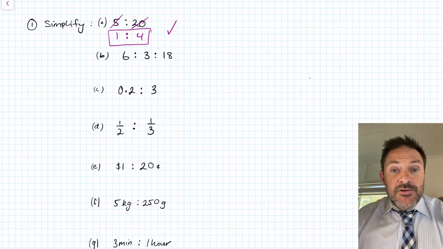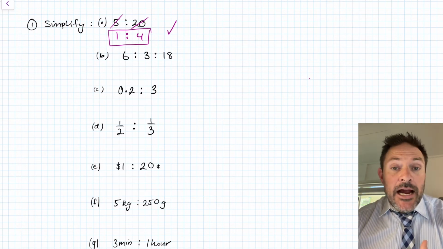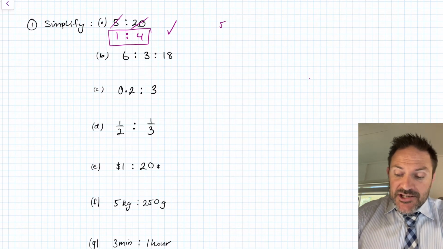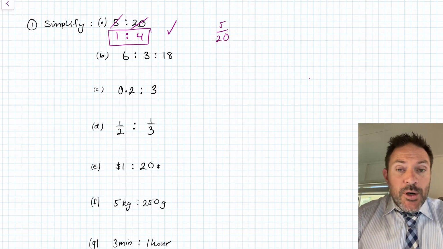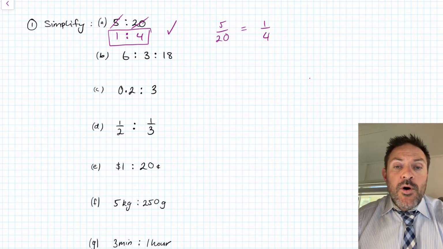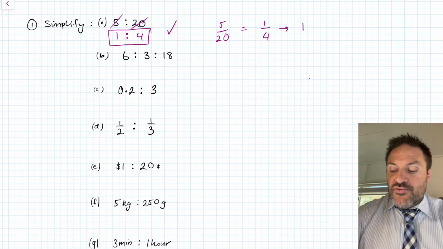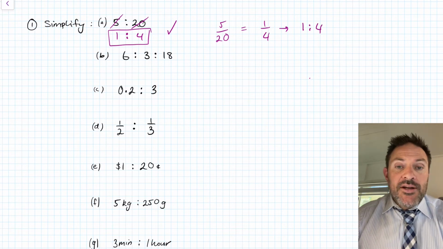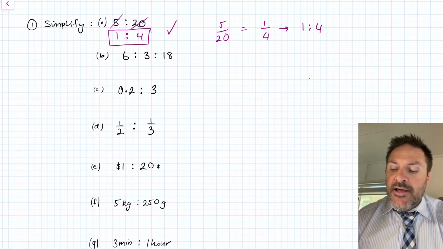Now, here's a little trick too. If you do have use of a calculator, so if it's a calculator-based exam, you could put into your calculator 5 over 20 and press equals, and it will give you a fraction of 1/4, but you need to remember to write it back as a ratio of 1:4, otherwise it won't work.